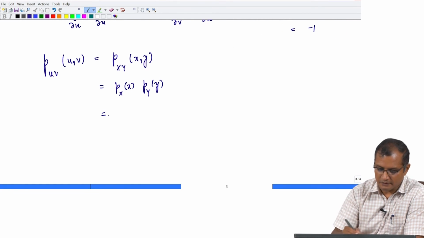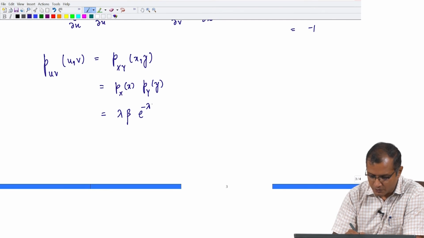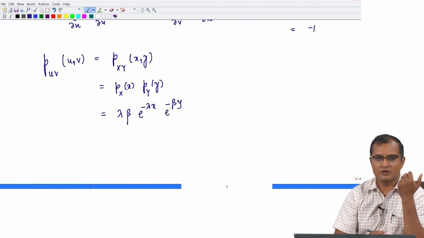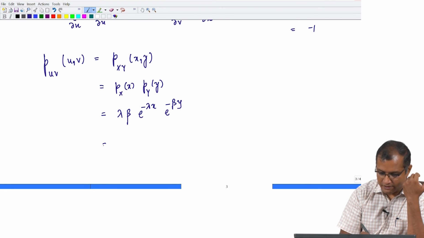So, now you can write this as lambda into beta, e raised to minus lambda into x, into e raised to minus beta into y. Those are the forms of p x and p y. Okay. And let us substitute for x and y.